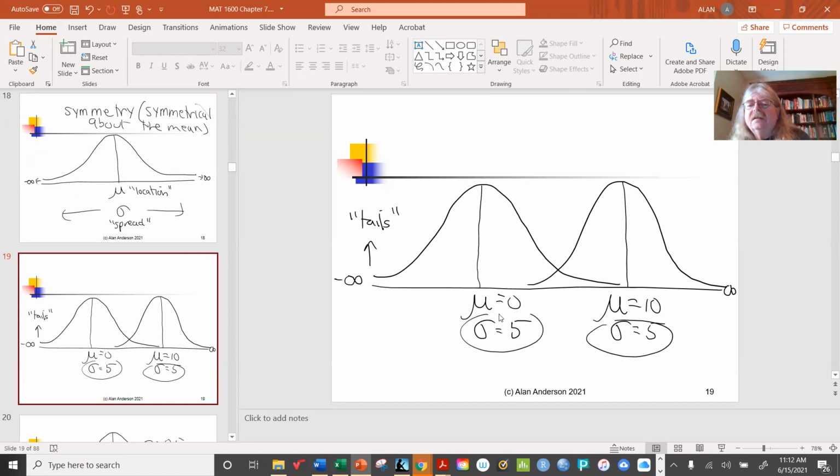Look at that. The means are different. The one on the right has a higher mean. And so they have the same shape because they have the same standard deviation, but their locations are different. So the mean tells me where that curve is centered or located.